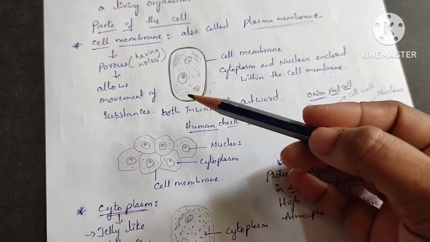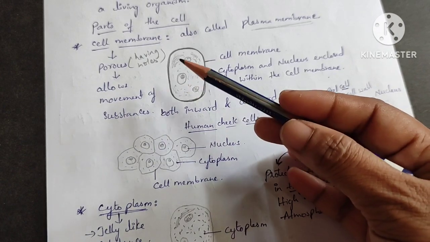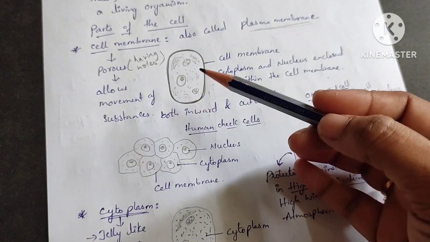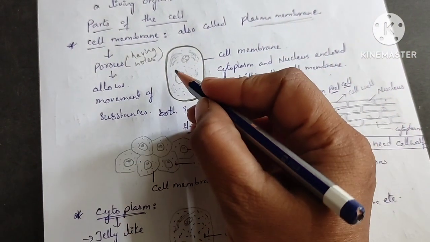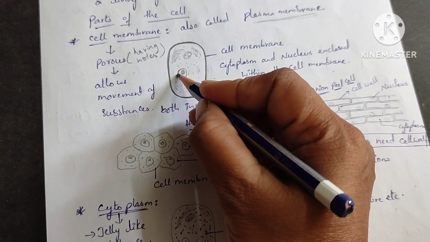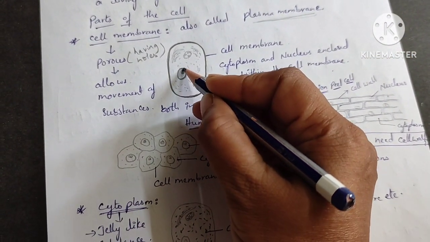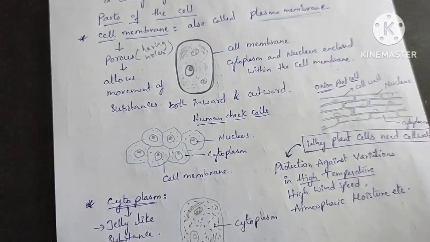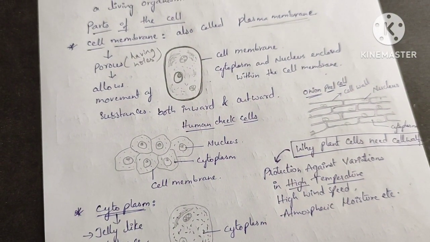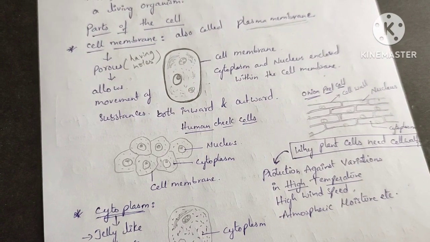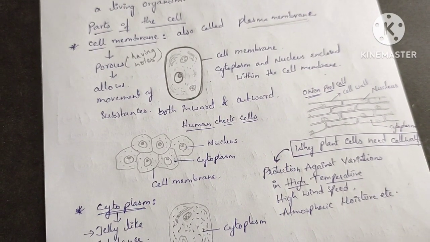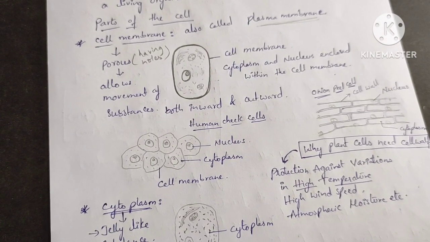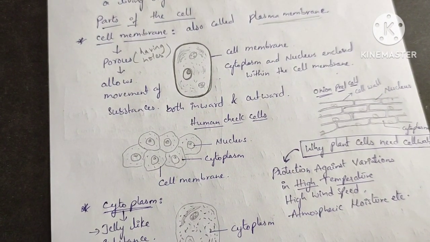Inside the cell, a fluid-filled material is there, which is called the cytoplasm. And inside the cytoplasm, we can see a round, dense, compact structure, that is the nucleus. So the cytoplasm and nucleus are enclosed within the cell membrane.